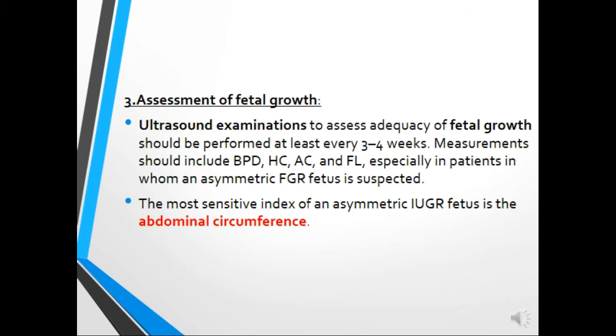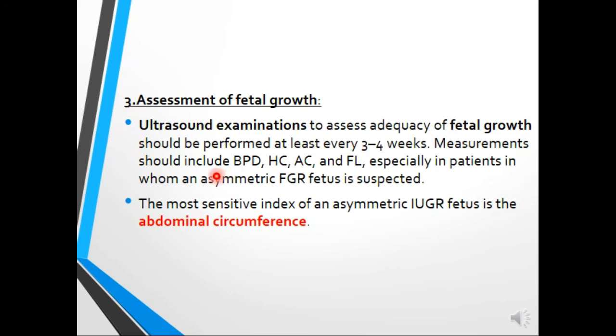نجي على النقطة الثالثة، يعني احنا قلنا fetal assessment و maternal assessment، بعدين assessment of fetal growth عن طريق ultrasound examination to assess adequacy of fetal growth. This is done at least every 3 to 4 weeks.